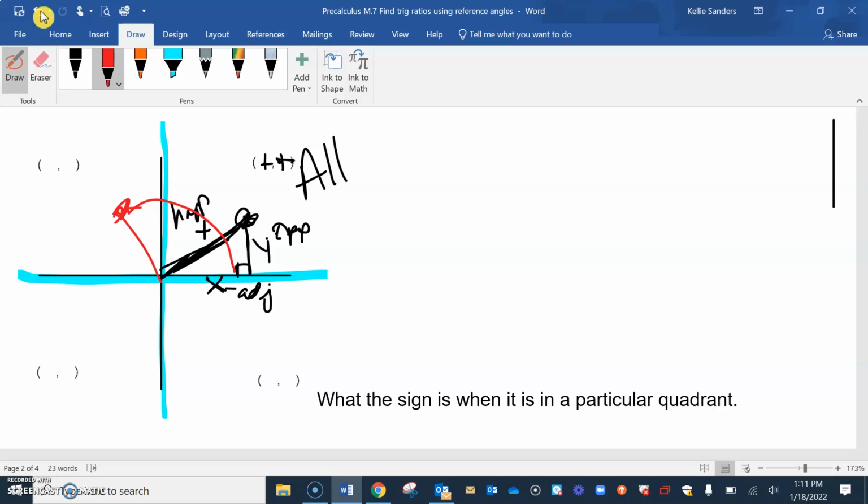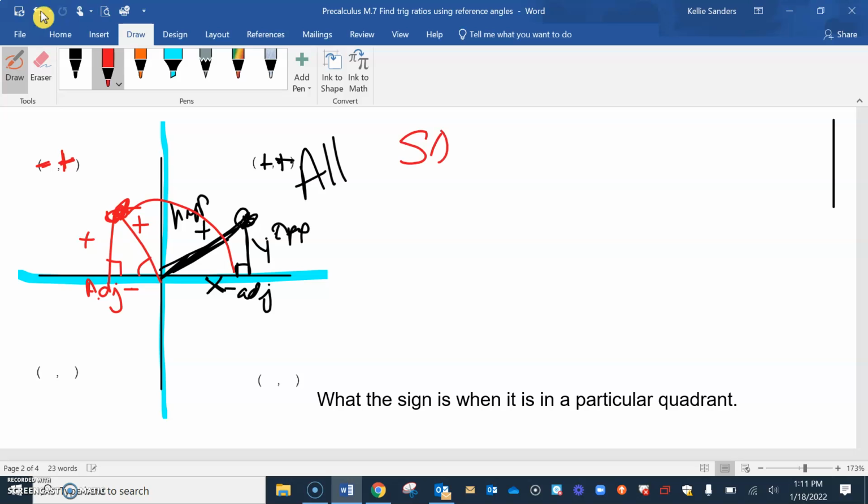And then if we graph it and we go to the x-axis, because that's your reference angle, how did we get here? We went in the negative direction for the x and up for the y. So this would be negative and this would be positive. And this is your reference angle. And your hypotenuse is always positive. Well, what is negative is the adjacent.